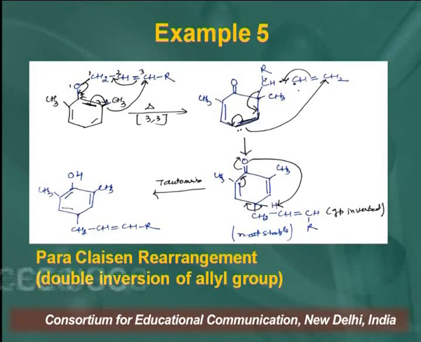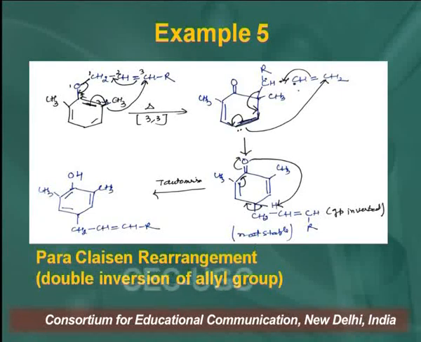So such type of Claisen rearrangement reaction, where the allyl group shifts to the para position, and the condition is that the ortho position is blocked. There is no vacant carbon atom where the allyl group can migrate. So such type of reaction is called para-Claisen rearrangement reaction.